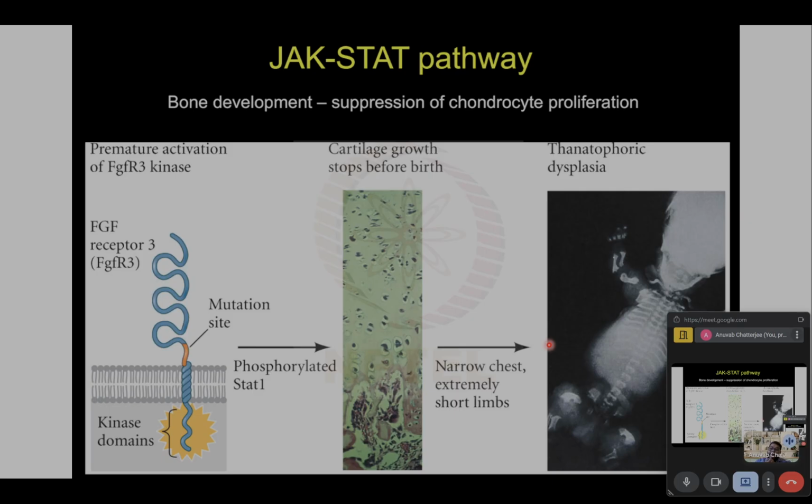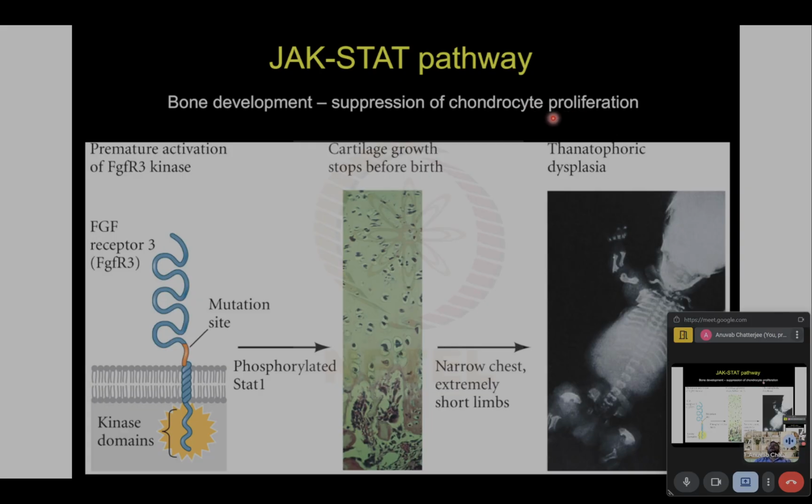And there is a pretty important disorder that occurs in case there is a problem with the JAK-STAT pathway. The JAK-STAT pathway is involved in chondrocyte proliferation. So what is chondrocyte proliferation?